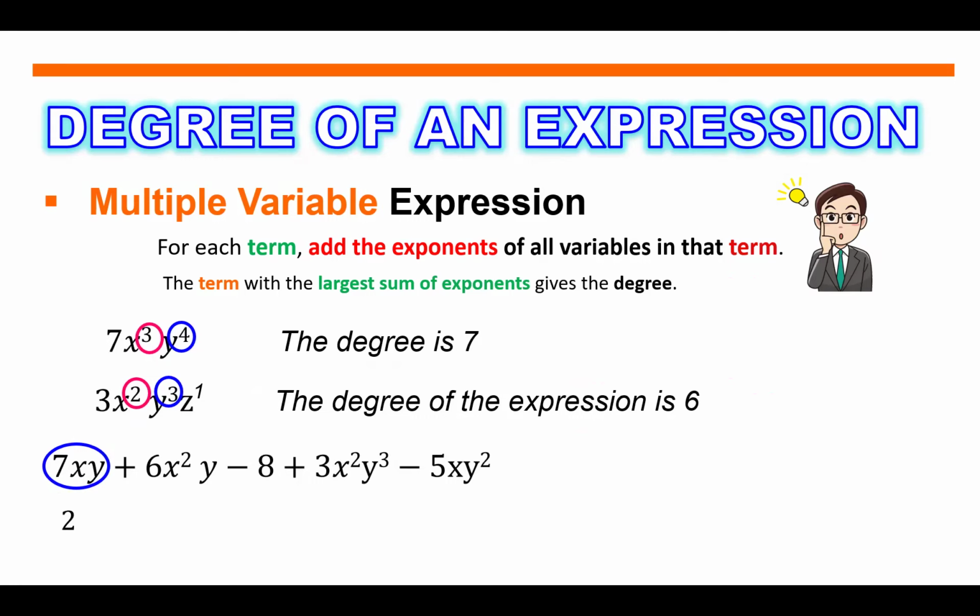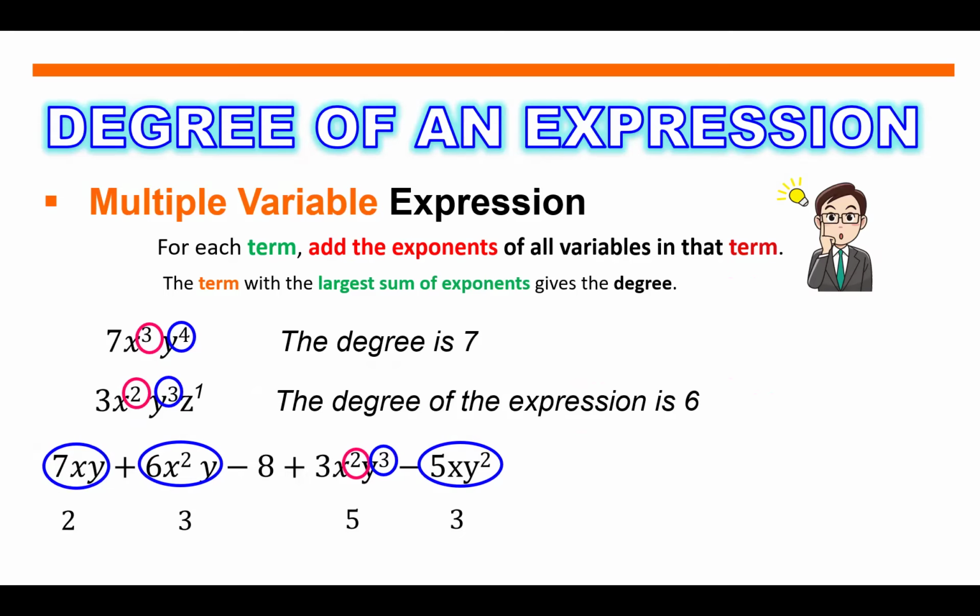So 1 plus 1 is 2. In the second term, we have squared and 1, 2 and 1. So that is equivalent to 3. In the fourth term, we have 2 and 3. So that is 5. And in the last term, we have 1 plus 2, that is equal to 3.